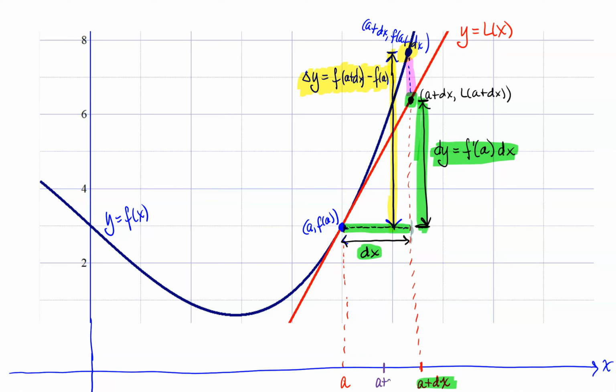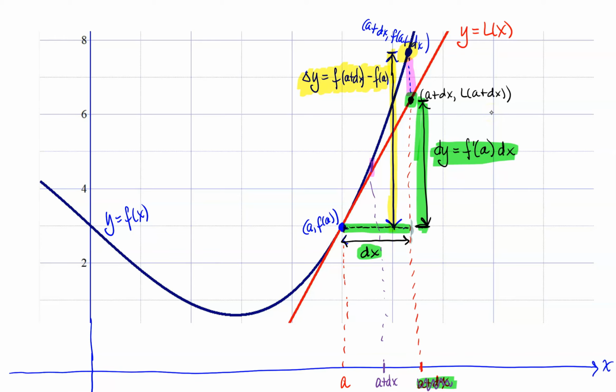If that ends up being my a plus dx, then if I follow this up, notice that my error ends up being much, much smaller. So if my increment dx is small, the error in using dy equals f prime of a dx is small.